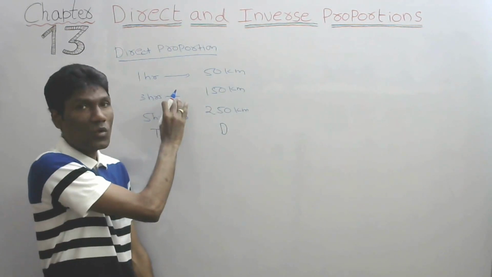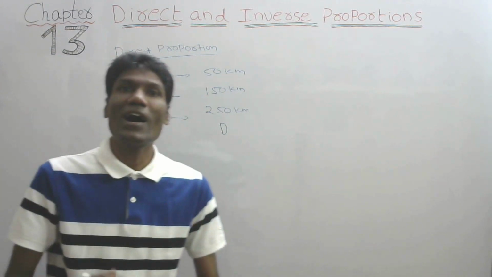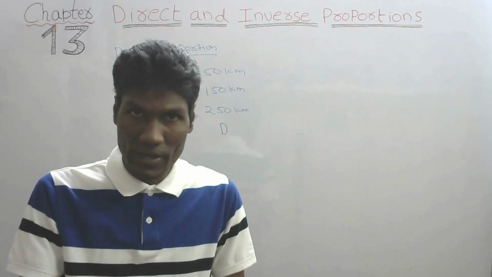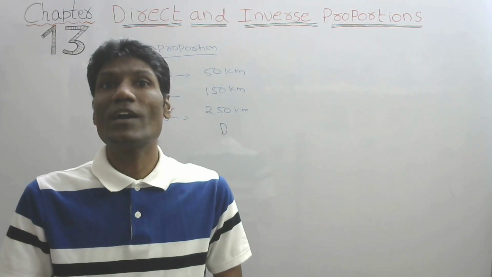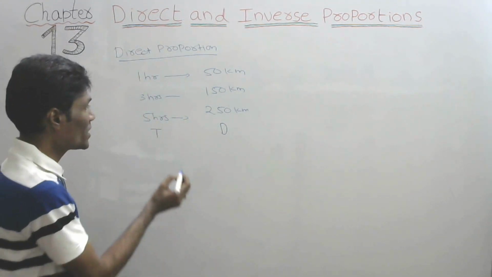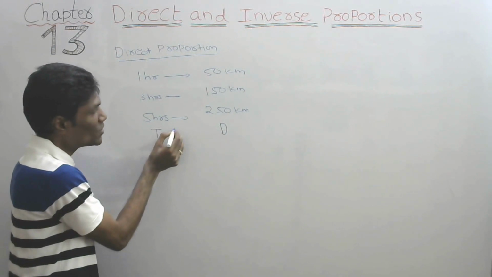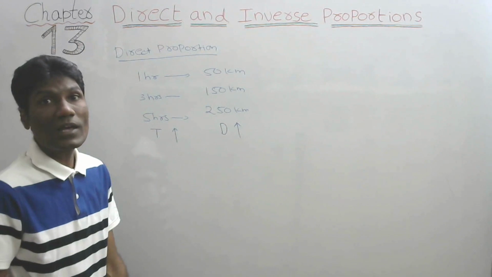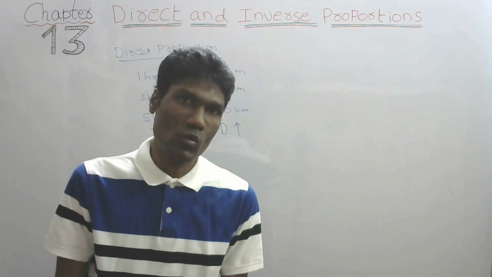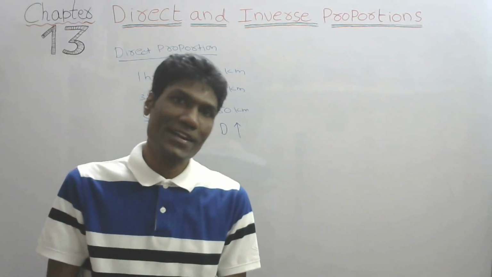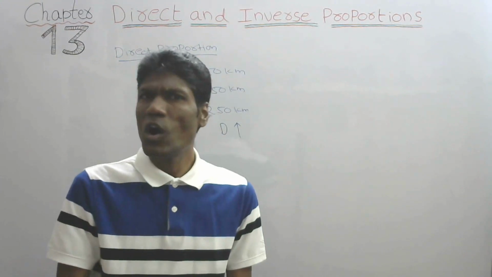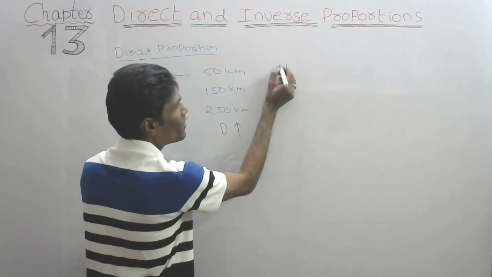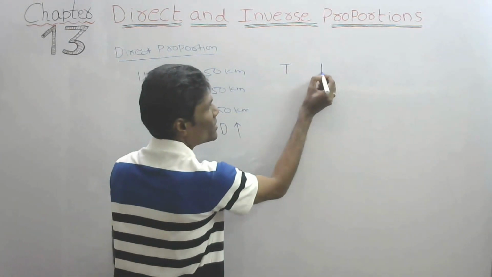Now, what we will say is, when these hours are increased, then this distance is also increasing. So if one quantity is increasing, the other is also increasing proportionately. This is called direct proportion. How will it be? Let us see. Now, this is time, this is distance.